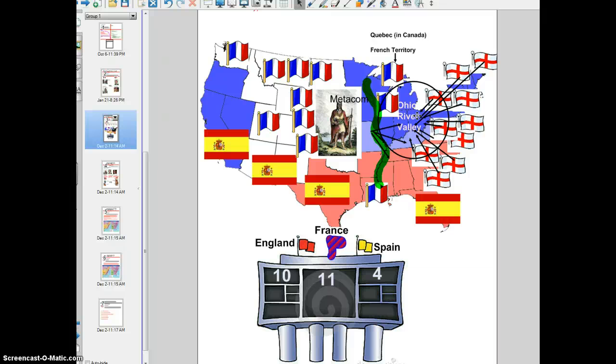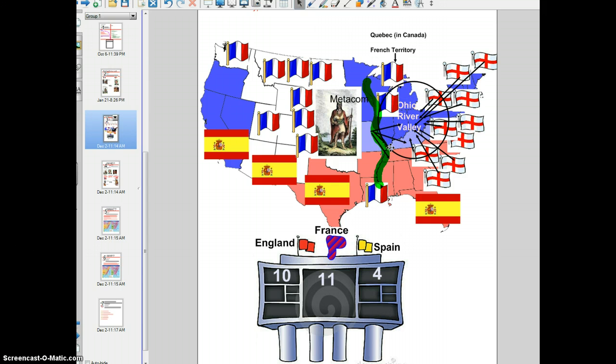England and France took out their conflict and tension and their disputes in this area. They're now disputing and arguing over whose territory this Ohio River Valley is.